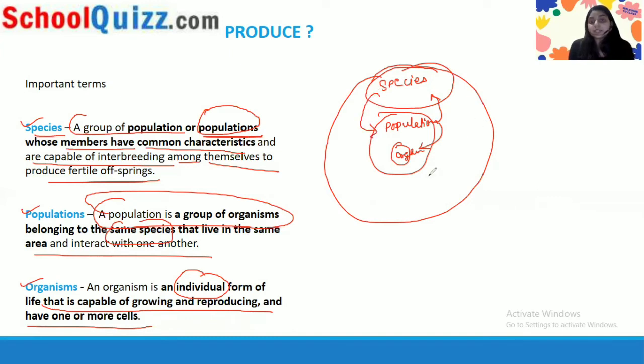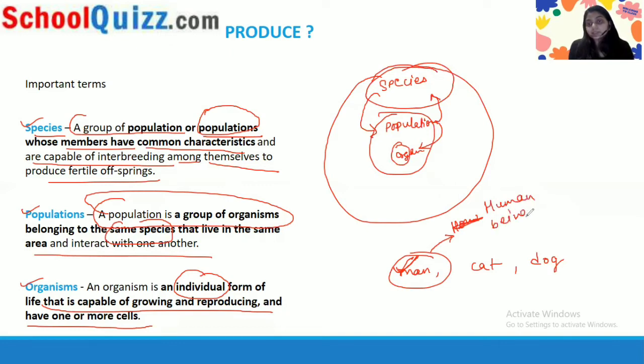Okay, so let's take an example. This is a man, and this is a cat and a dog. So what is this? Man is the individual population of the species. Of which species? Of the Homo sapiens, or you can say of the human beings. So we are the human beings, and man is the population.